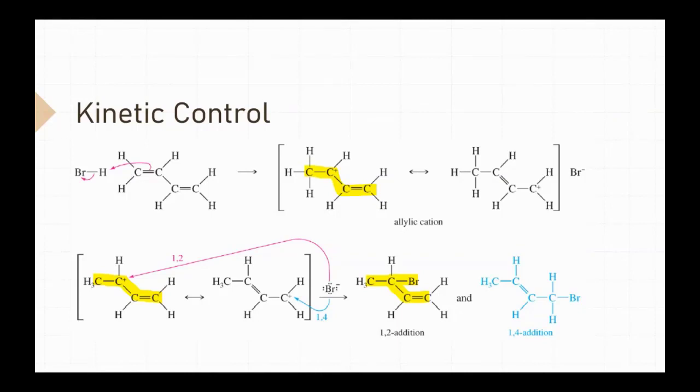And then you still have your butadiene here, but we want our carbocation to be the most stable. So here we have a secondary allylic carbocation, and that is pretty stable. So the Br will attack that once you form that most stable carbocation. You have that 1,2 addition.